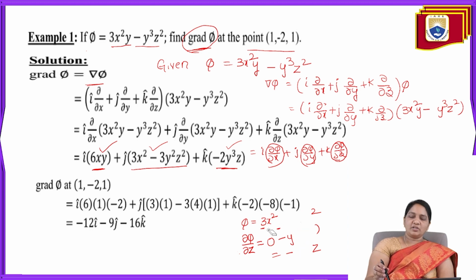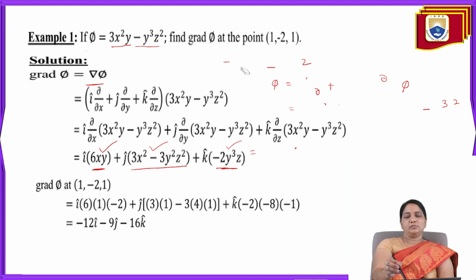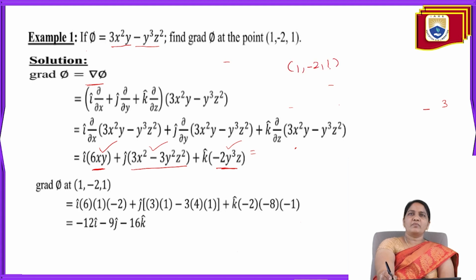Now, after calculating grad pi, this is the grad pi value. What they're asking is at the point 1 comma minus 2 comma 1. That means x value is 1, y value is minus 2, z value is 1.